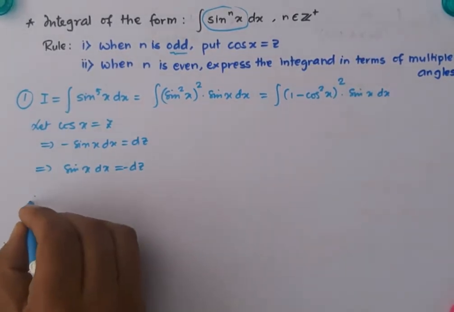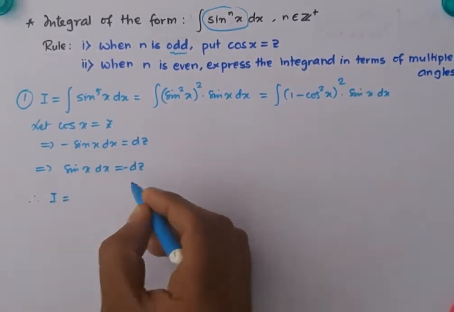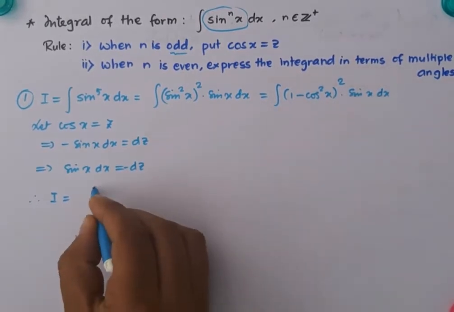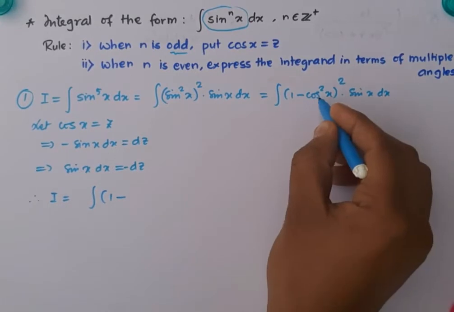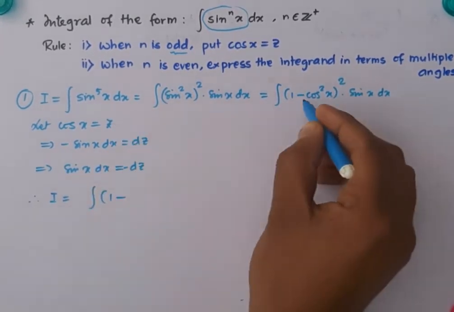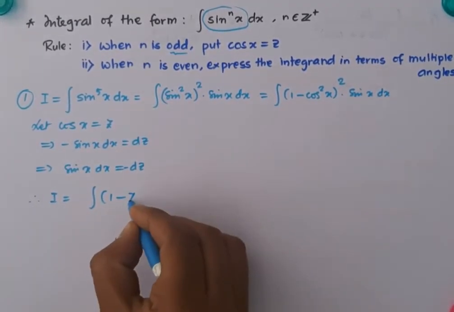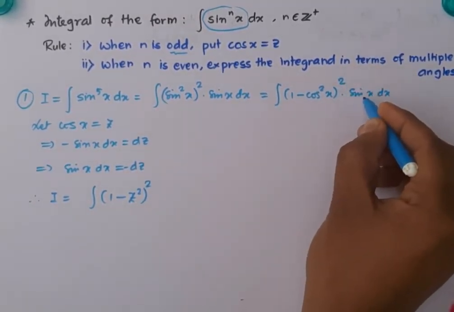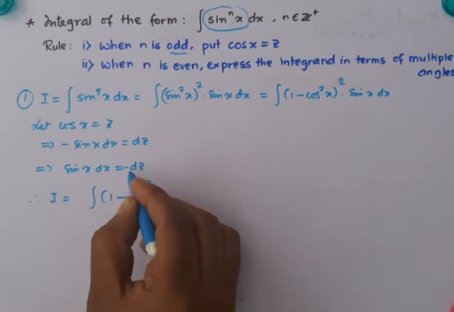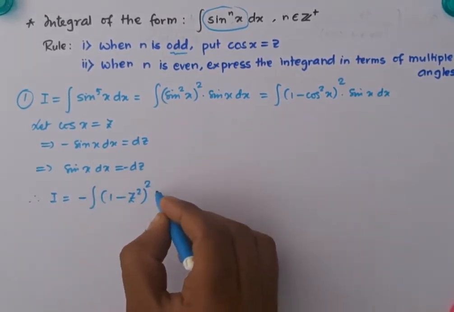Therefore your integral I will change into the integral of 1 minus, since cos x is z, cos square x becomes z square, whole square. Sine x dx is minus dz, so the minus can be kept outside the integral sign.